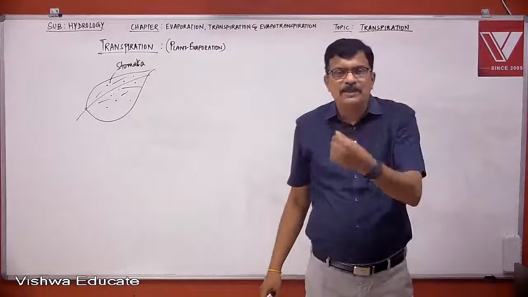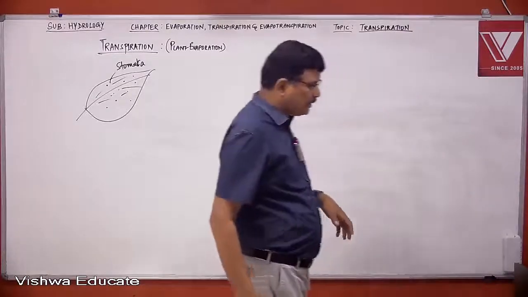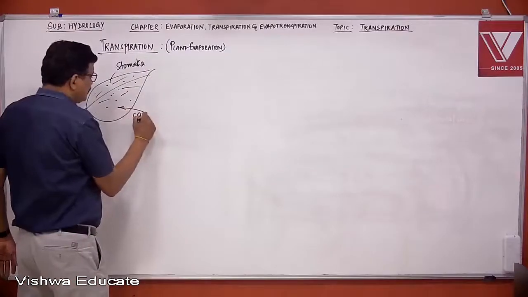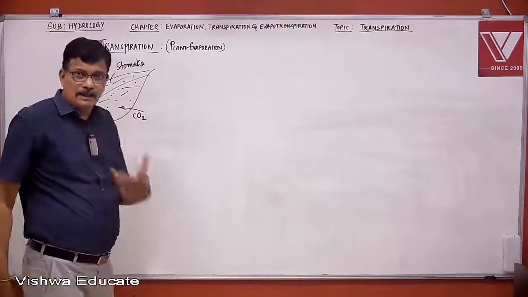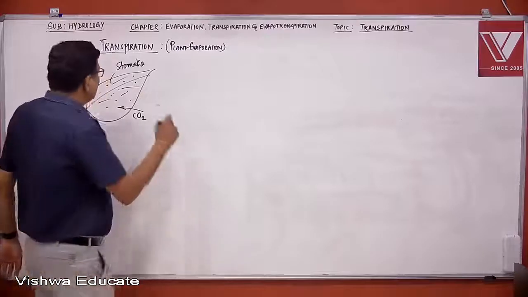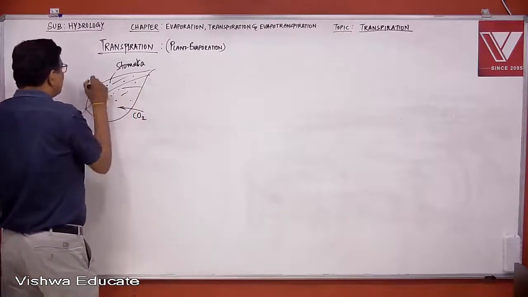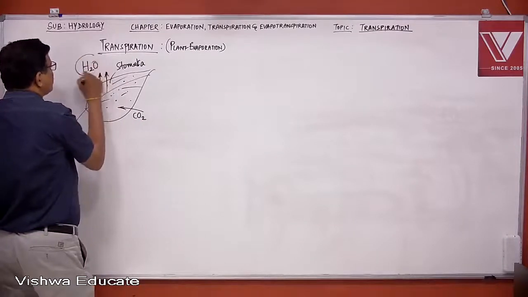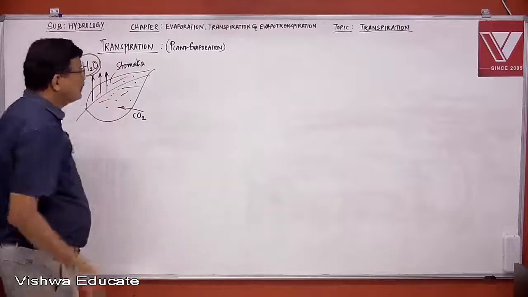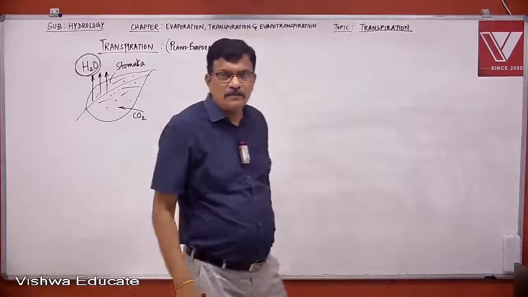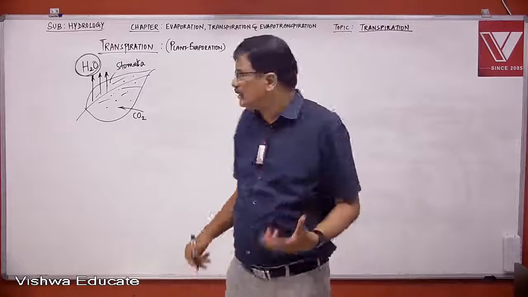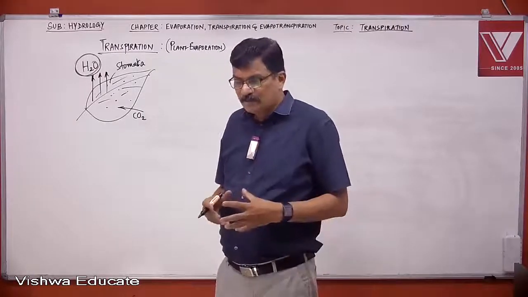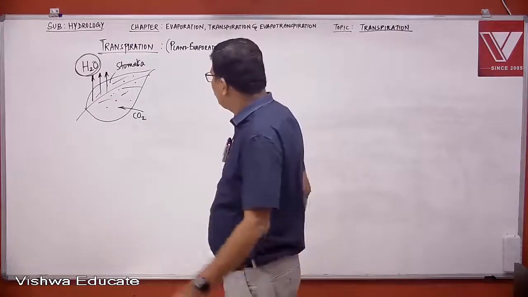One of the components of a leaf is the stomata, and these plants take in carbon dioxide. They absorb carbon dioxide through this, and they leave out water due to transpiration. So this is basically a part of a biological process wherein the plants lose water through their body.